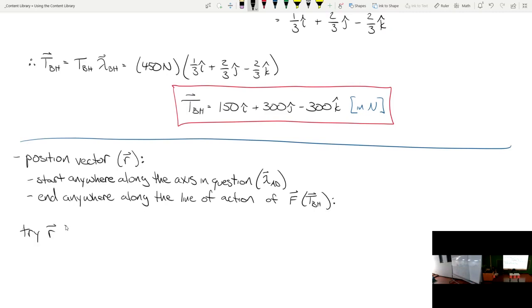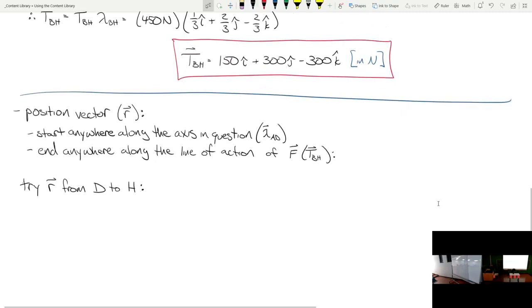Let's just say from D to H, right? So just so you see the pattern, we're going from D to H. We could go from D to B. We could go from A to B. We could go from A to H. We could use any permutation and we would get the same answer. But let's just try D to H. Let's just see what happens.